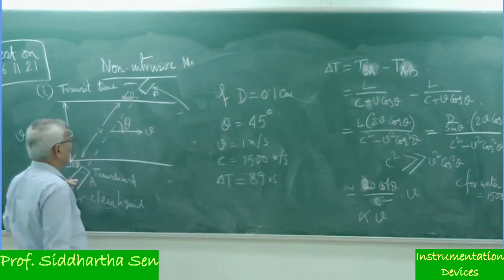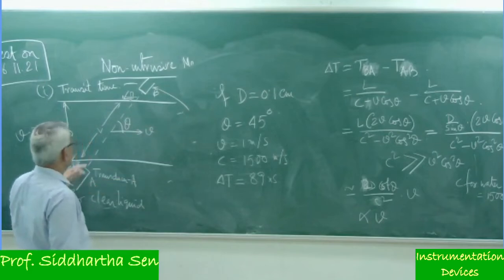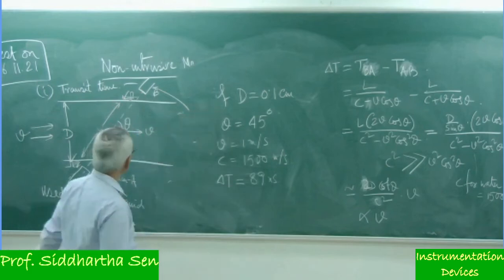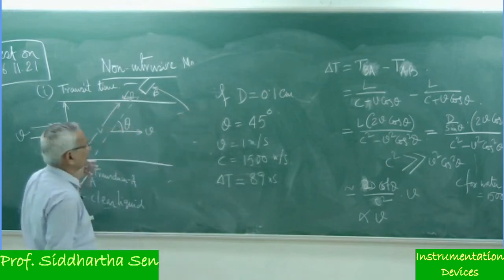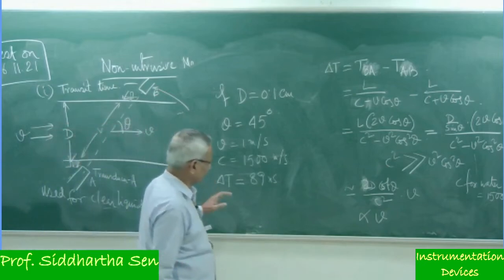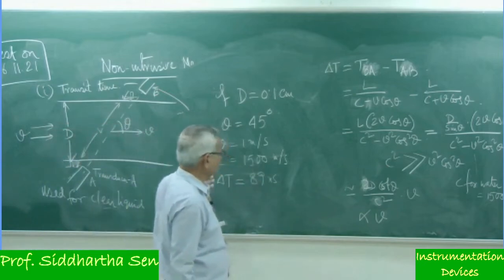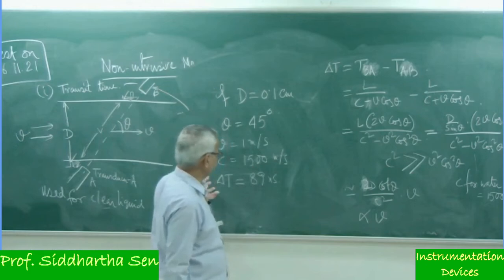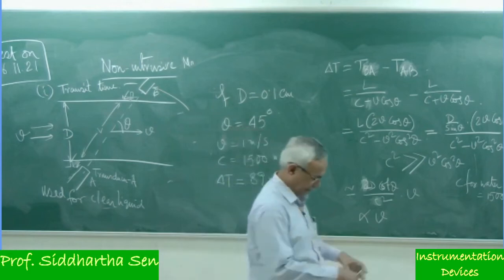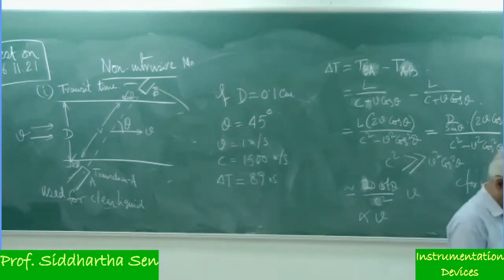But the problem is that the signal will be attenuated as it travels more. So naturally, that is also another problem. But this is definitely a big problem for measuring a time difference in the range of 89 nanosecond. Okay.